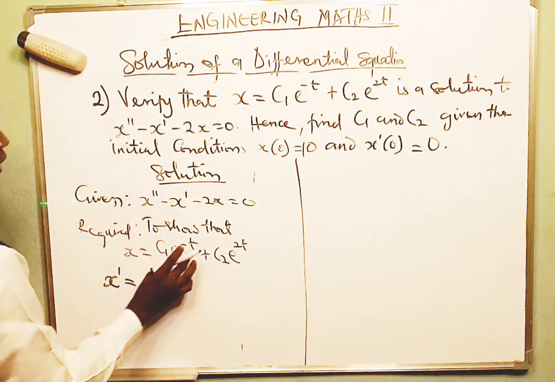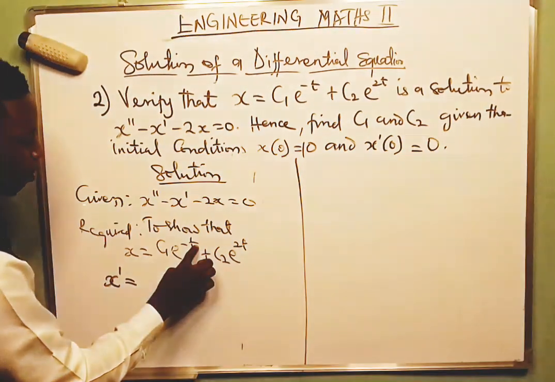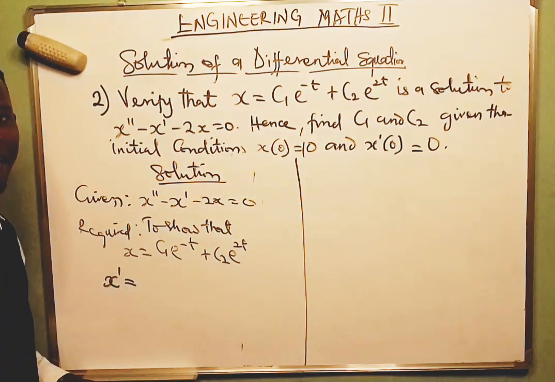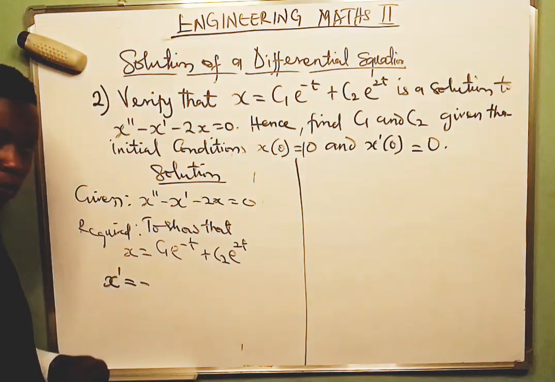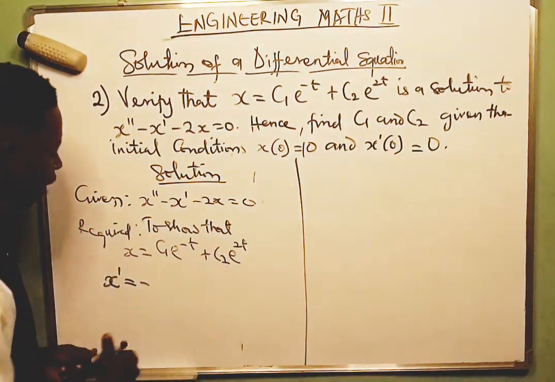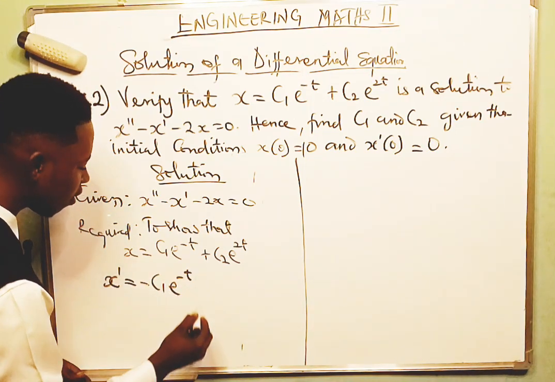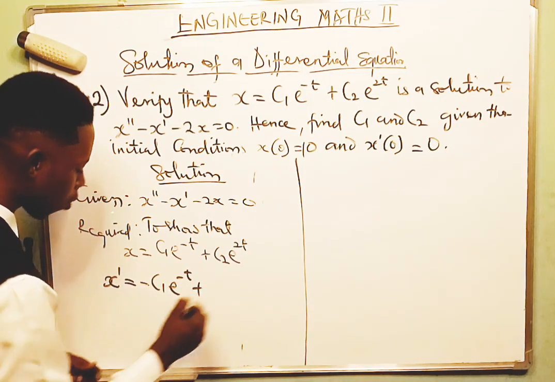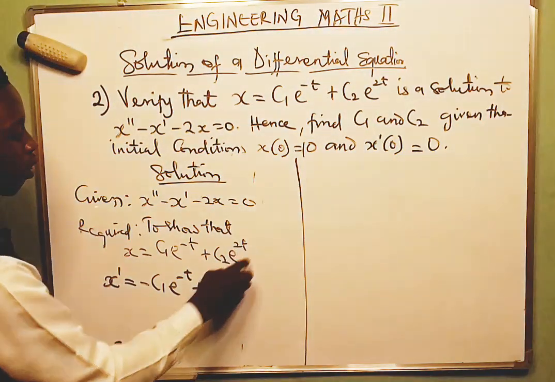So how do we differentiate exponential minus t? Differentiate minus t, and you're going to have minus 1. Therefore, minus 1 times everything that you have here gives minus c1 exponential minus t. Now, you have plus c2 exponential 2t.